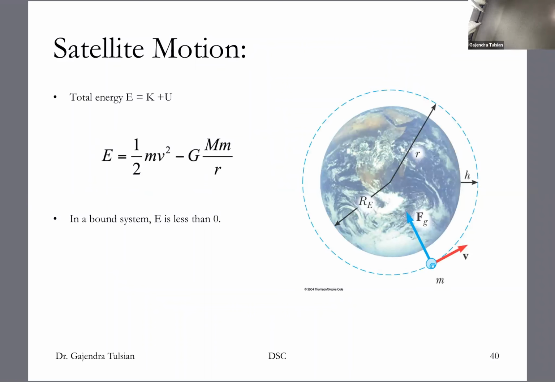Here's a satellite. Now the satellite is bound to Earth because it's not running away. And the energy of the satellite is kinetic energy plus potential energy. Since it's bound, this total energy of the satellite is less than 0.